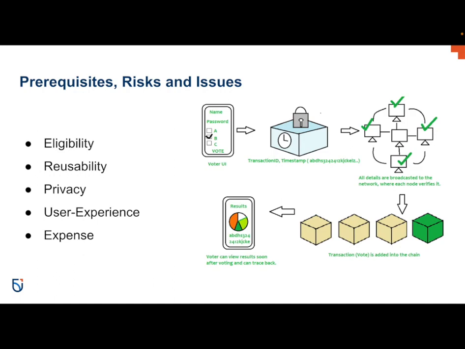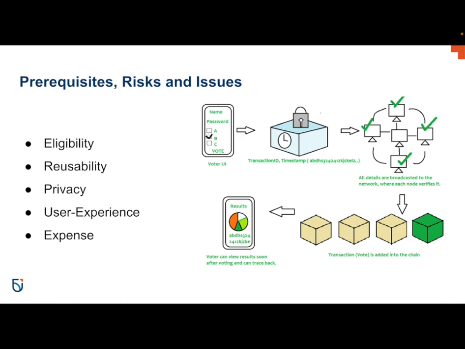And then the expense. And if we talk about all these things in the blockchain, we know the eligibility can be done. It is so easy, and it is about the reusability. One person can vote only once, but the whole system can be reused. For example, if you're using one ballot once, it's done, right? You have to recycle the paper or dump the paper and the plastic boxes. So think about all the carbon footprints and all the wastages.